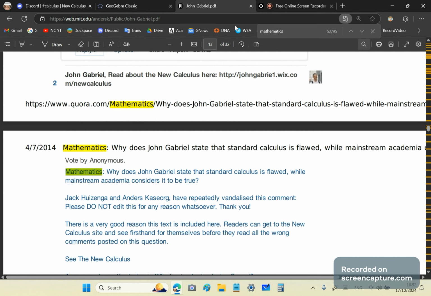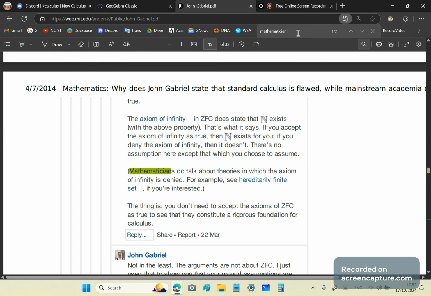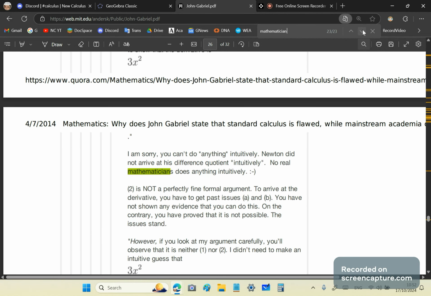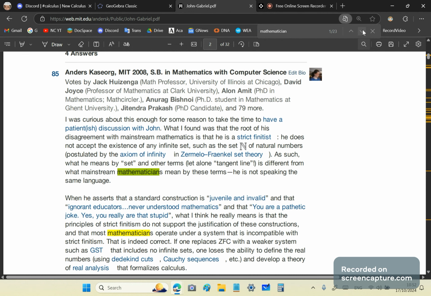So let's just say mathematician. That's a better one, I think. Come on. Mathematician. Yeah. So it says, there's some idiot there. So, okay. Where are we now?